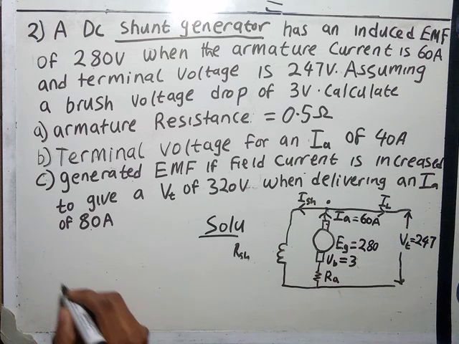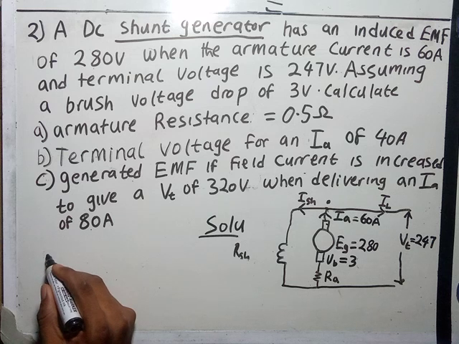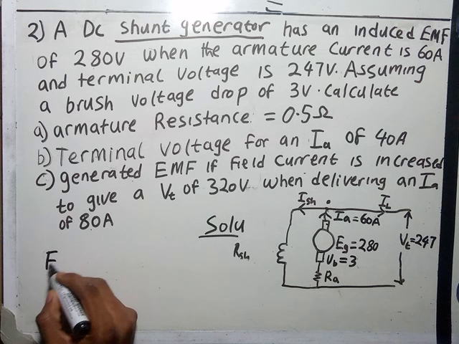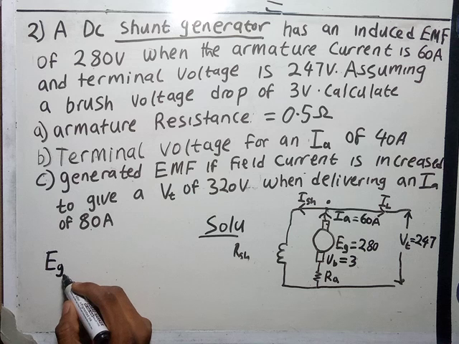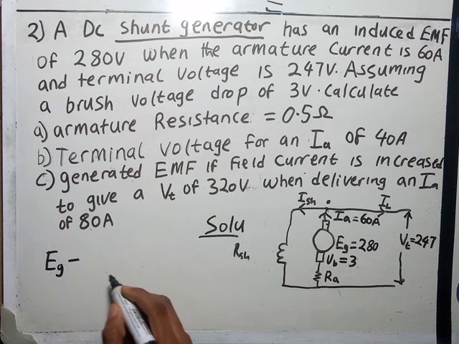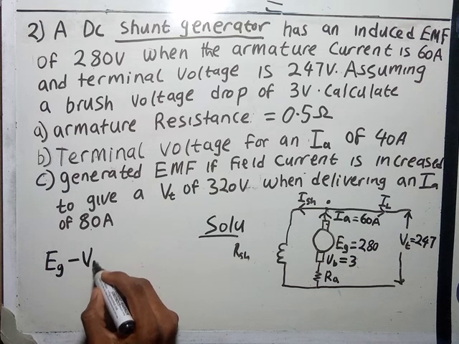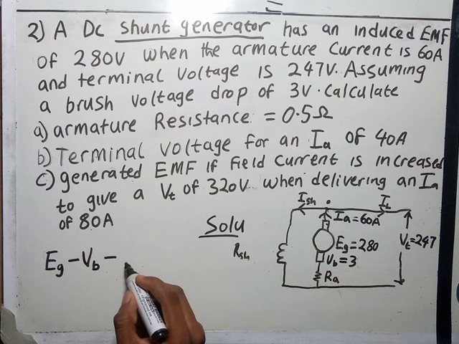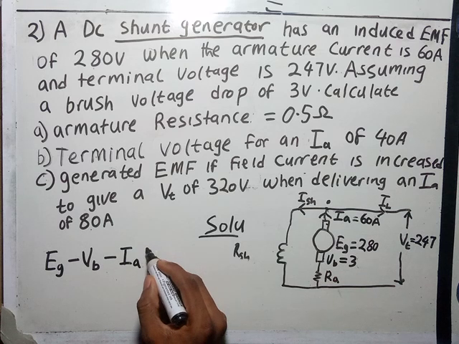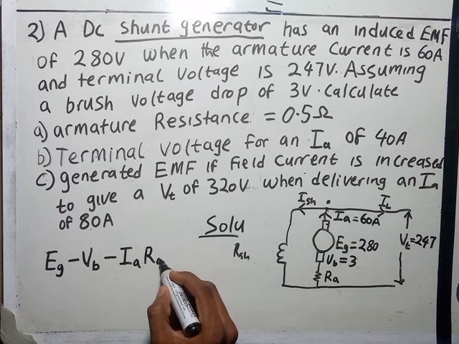Now, like we said earlier, our EG, which is the induced EMF, will subtract itself from the voltage drop of the brush and from the voltage drop due to the armature resistance.